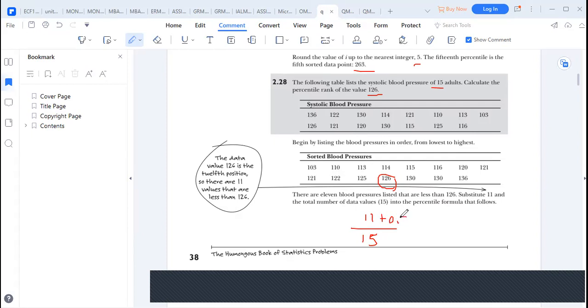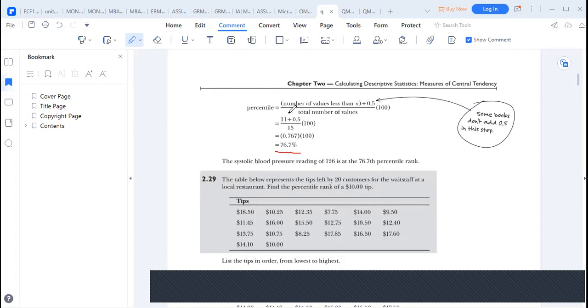Then we multiply times 100. Okay. So when you do so, we're going to calculate the percentile of 126, which is 76.7. So 126 holds the 76.7 percentile rank.